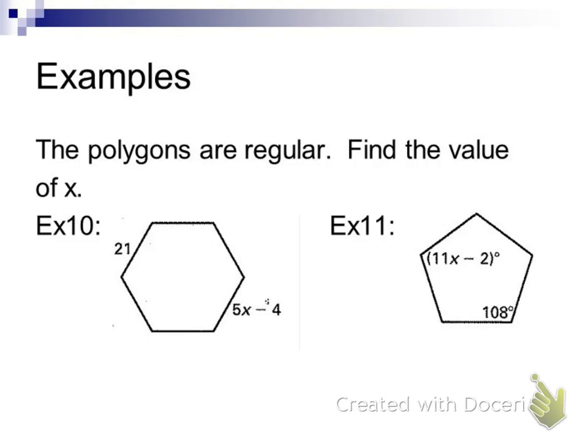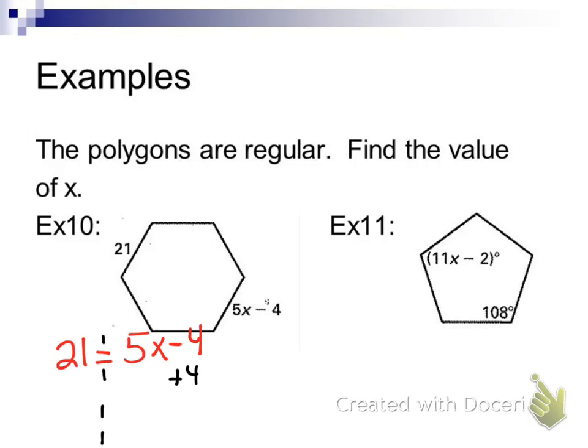The sides are the same. What am I going to do? What's another way to say the same in math? No, that's the opposite. Equal. You can set them equal. So 21 must equal 5x minus 4. And then you can just solve that to find x.